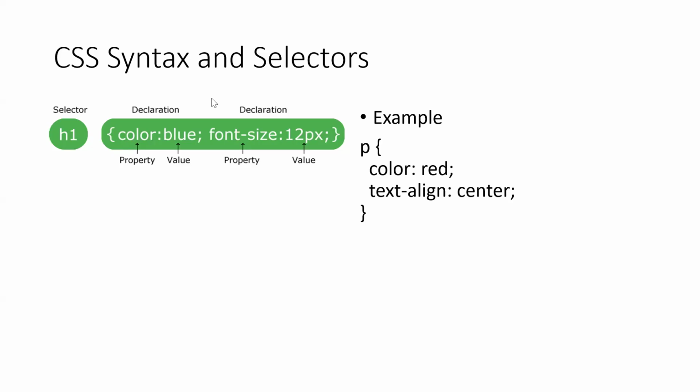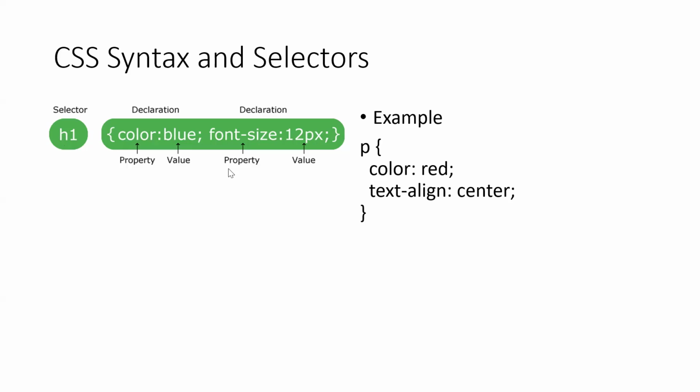So we have something called a selector. Whatever tag you want to select, we normally call it a selector, and then you have a declaration block, right? You start with curly brackets, and within that, we present the values in a fashion with properties and values. So we already know this.